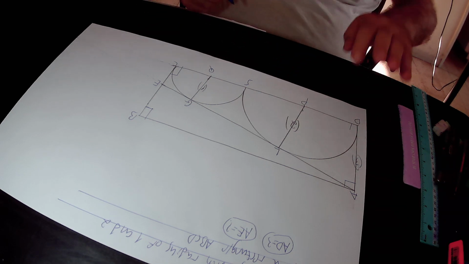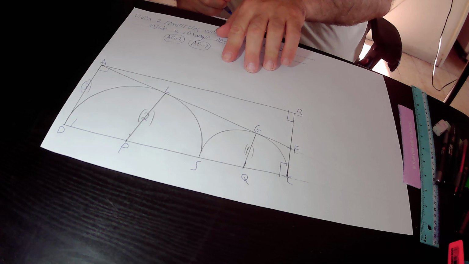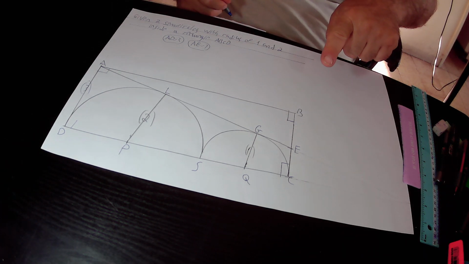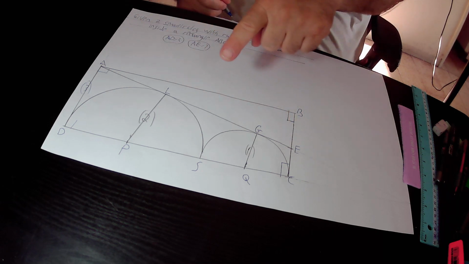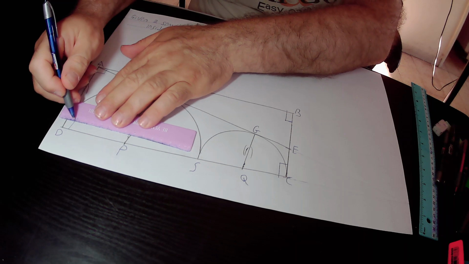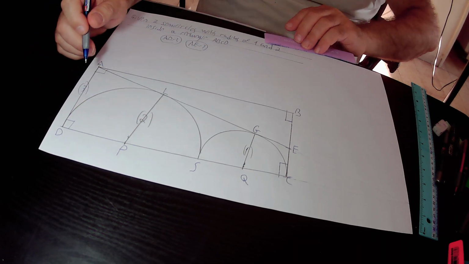In the next step, we will do a construction. That is to say, we will extend line segment AE inside DC of this rectangle by a straight line until they touch each other.